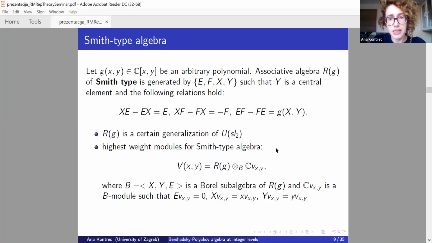And the authors found it interesting that they share a lot of properties with the enveloping algebra of SL2. Okay, and so we generalize this original definition a bit by adding a central element, y, so that we could have this polynomial in two variables here.